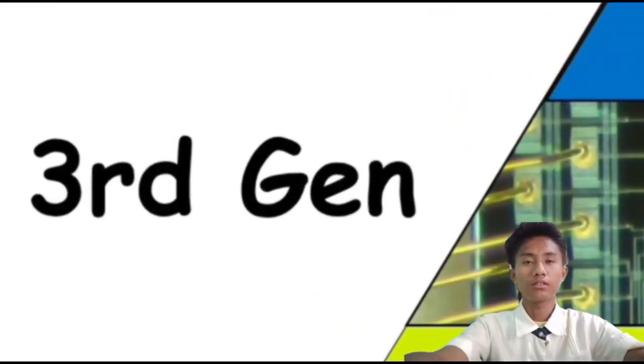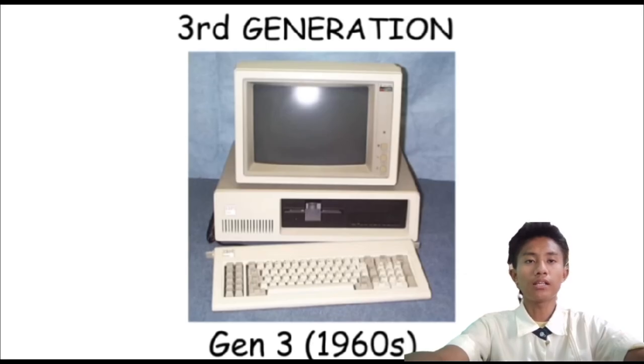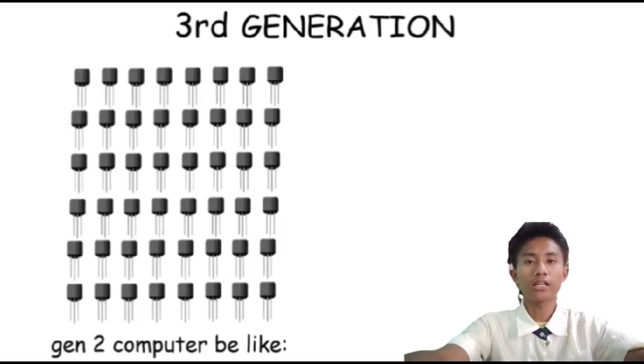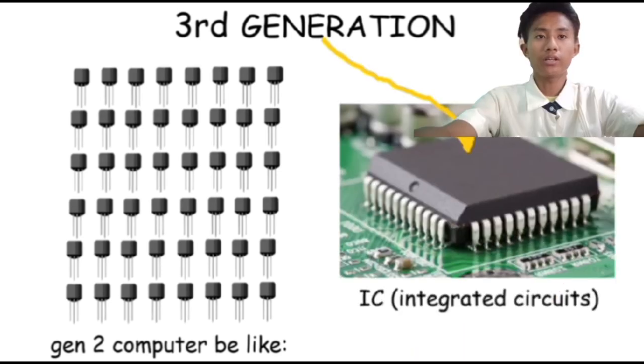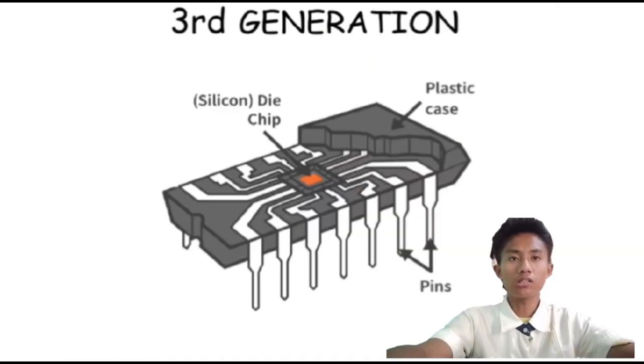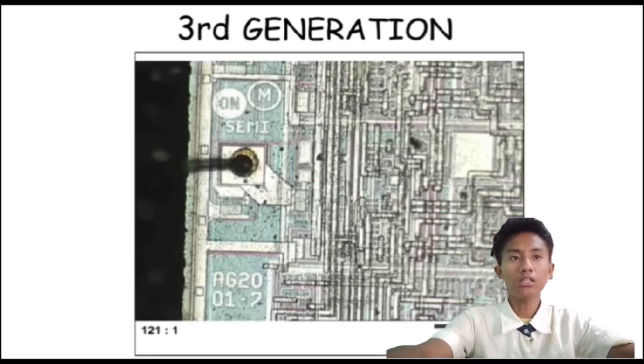Third generation. This time, computers finally started to look like the computers of our era. That's because instead of wiring thousands of separate transistors like in the second generation, computers this time used ICs, or integrated circuits. These integrated circuits contain chips, and these chips contain mini transistors of microscopic size, even just nanometer size.